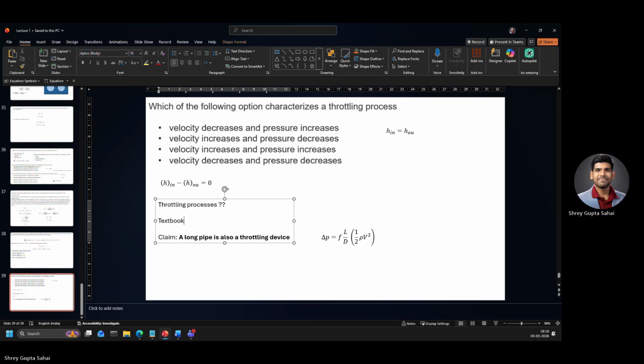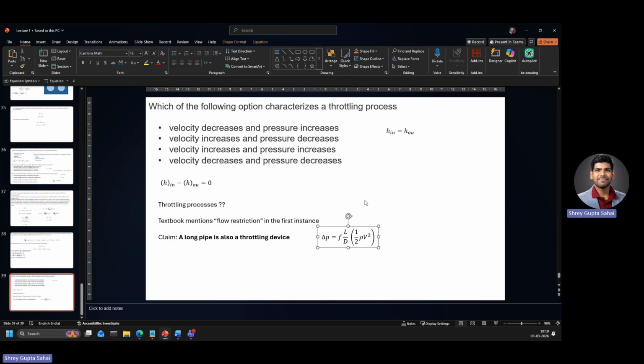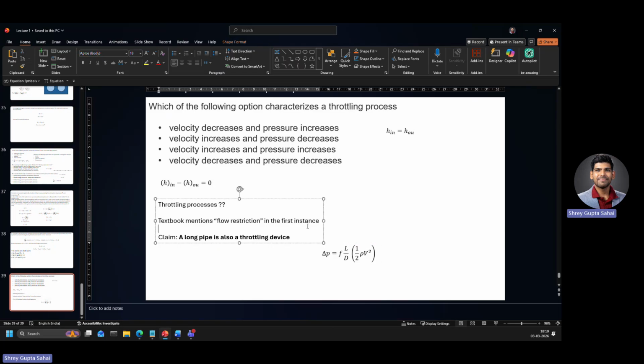The textbook uses or mentions flow restriction in the first instance. So the first thing this book talks about, it does not say enthalpy is constant, or that no work is done, or that no heat exchange is happening. It mentions flow restriction.